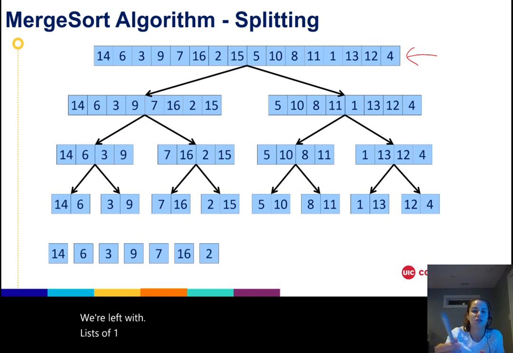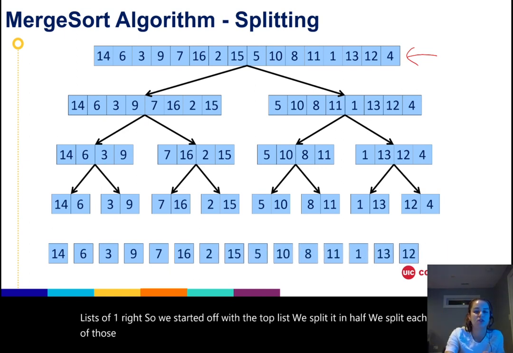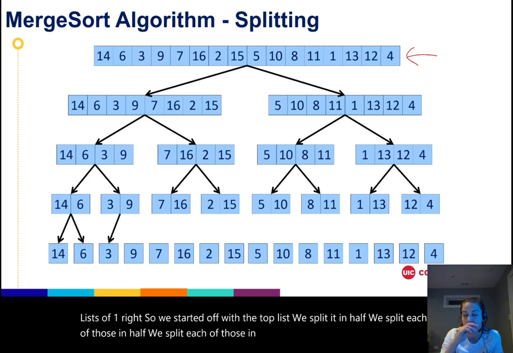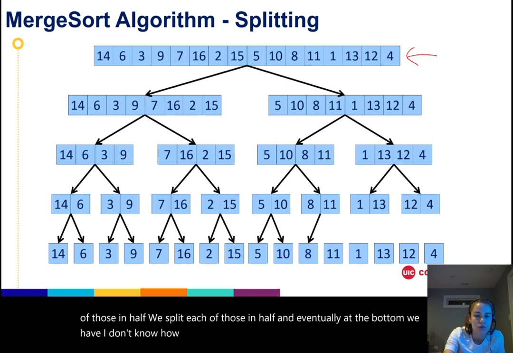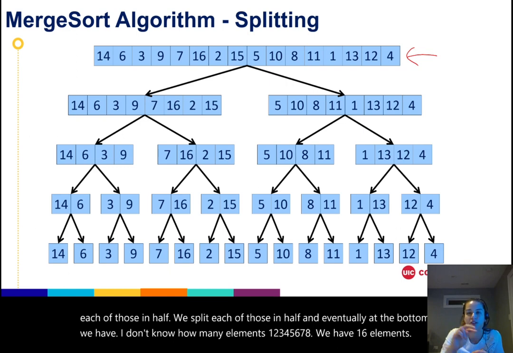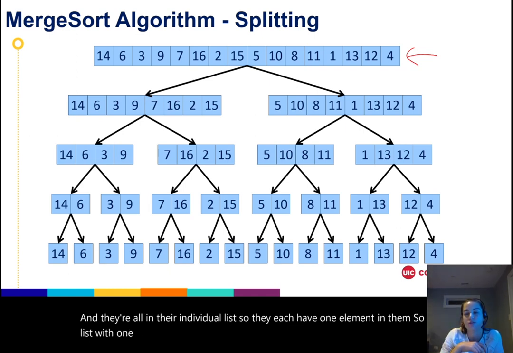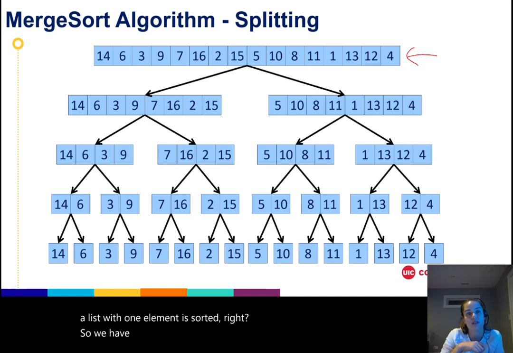So we started off with the top list, we split it in half, we split each of those in half, we split each of those in half, and eventually at the bottom we have, I don't know how many elements, 1, 2, 3, 4, 5, 6, 7, 8. We have 16 elements, and they're all in their individual lists, so they each have 1 element in them. So a list with 1 element is sorted, right? So now we have 16 sorted lists.